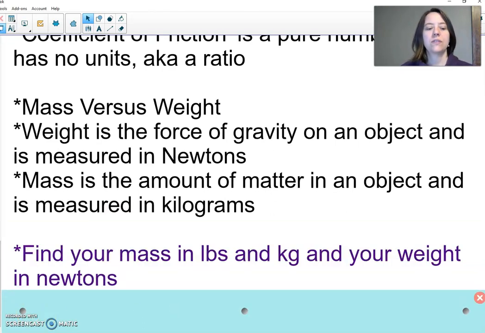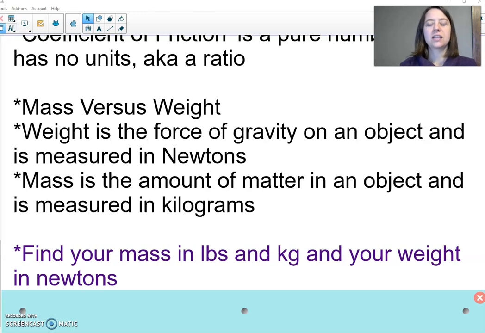So we're going to find our mass in pounds and kilograms, and then our weight in newtons. Please find a calculator or your phone or one on the internet and enter in your mass in pounds. A lot of times we'll call it weight, but that's just in common terms. In science, it would be your mass in pounds. So for example, I have a mass of about 130 pounds.